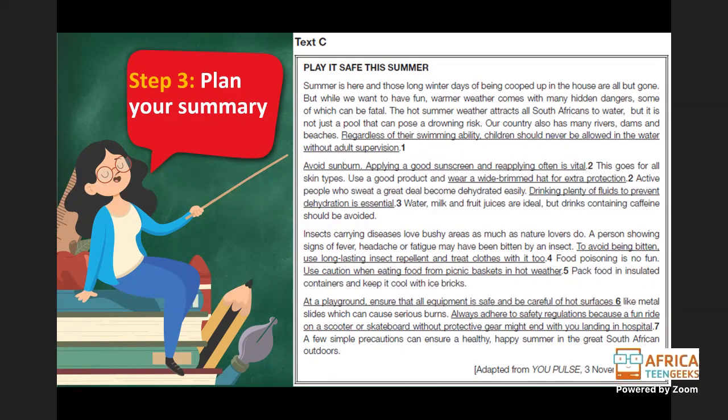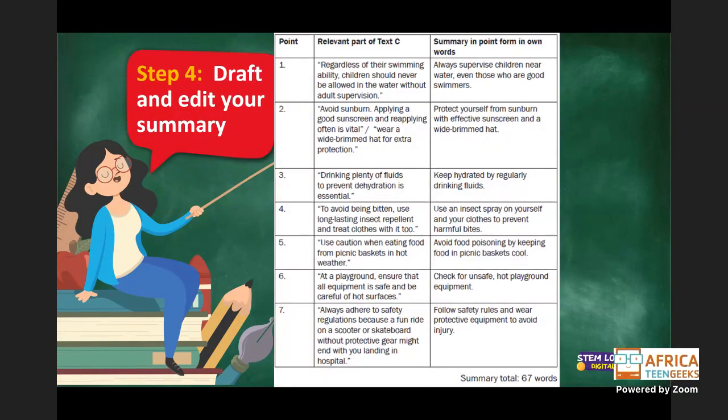And then step 4, you draft and edit your summary. So you write a draft summary. You'll have your list of 7 points in your own words. And then you edit. If you have any mistakes, then you can just edit your work, correct any errors.